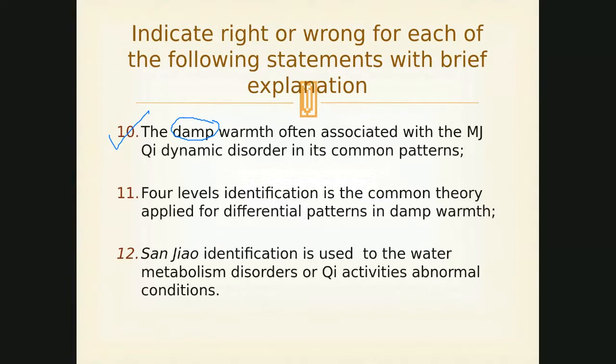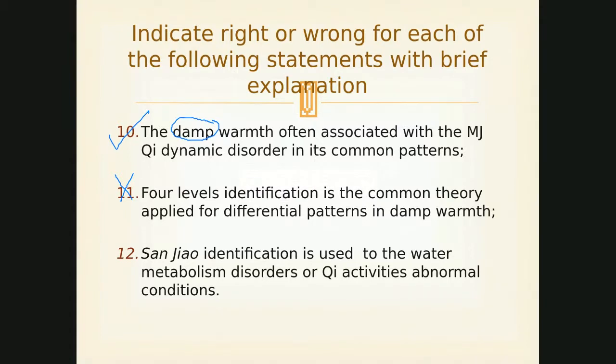Number 11, four levels identification is a common theory applied for differential patterns in damp warmth. That's false. We mentioned four levels is mainly used for heat-dominated Wenbing in clinical identification, and triple burner identification is mainly used for both damp and heat pathogen causes of Wenbing conditions.